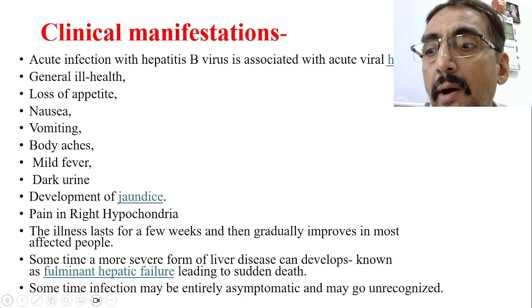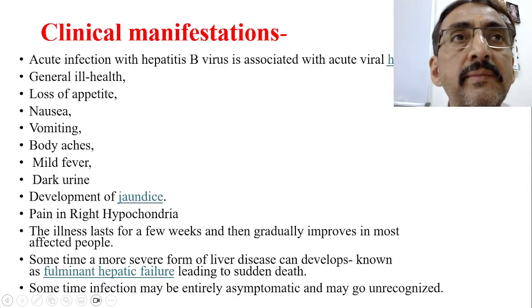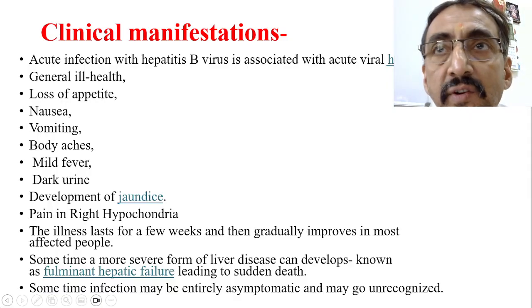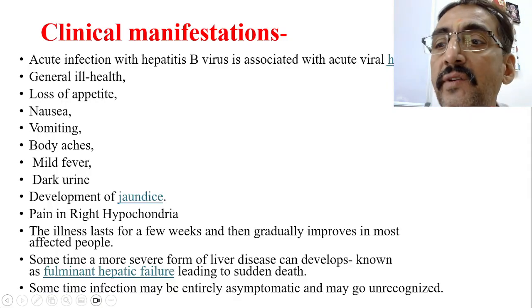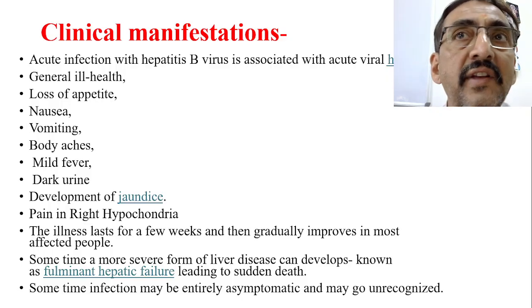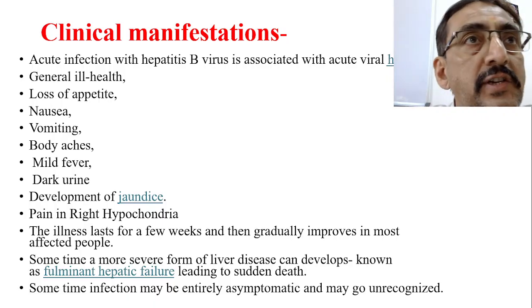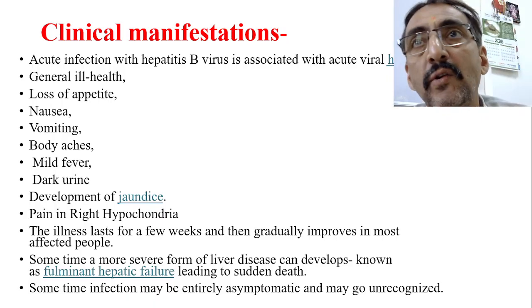It depends on how active the virulence is. If the immune system shows more resistance, then there will be more symptoms. If the body immune system is suppressed and the virus is gaining importance, there may not be any symptoms. It all depends upon the body immunology as well as viral virulence.